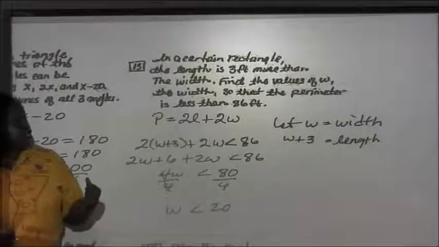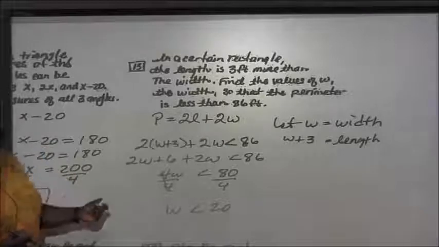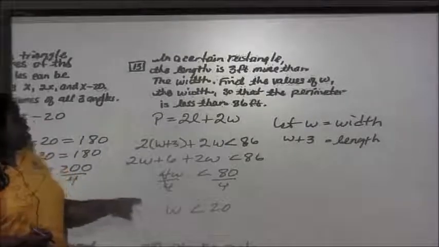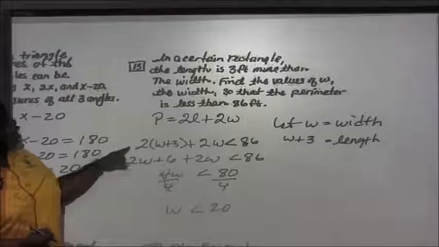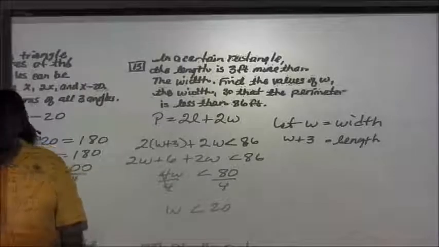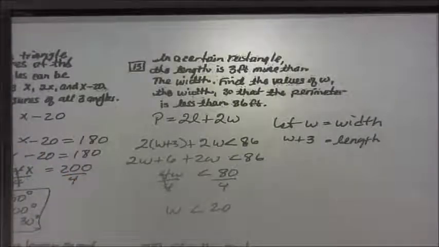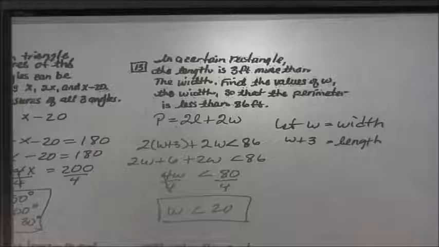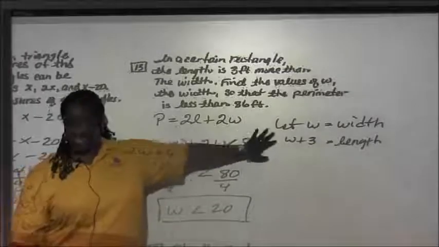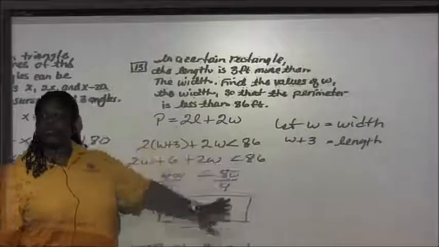What they're asking is what W has to be in order for our perimeter to be less than 86. Is that all right? So our finished answer is W is less than 20. W has to be less than 20 in order to make it true. Do not go back and pick a W to plug in. That will get points off your test.